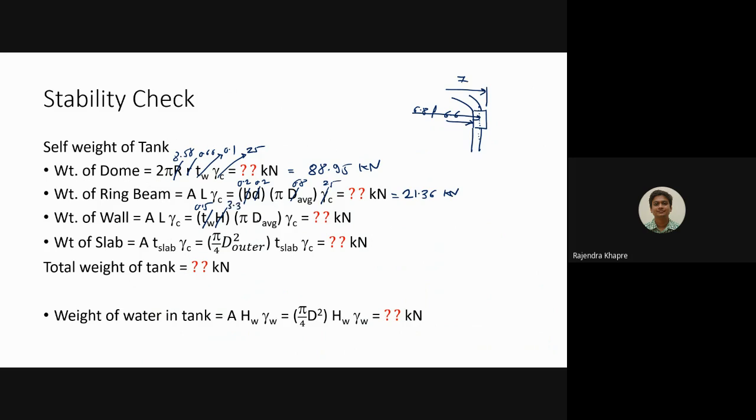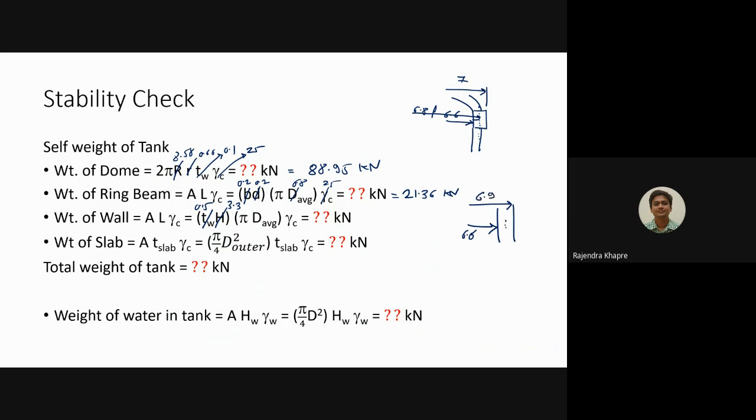Then pi, and again we have to calculate the d average. I'm talking about the wall over here. The diameter over here is 6.6, the diameter over here will be 6.6 plus the thickness of the wall plus the thickness of the wall. Twice the thickness of the wall, 150 mm, is 0.3. So 0.3 plus 6.6 is 6.9.